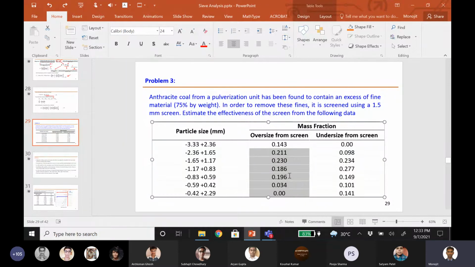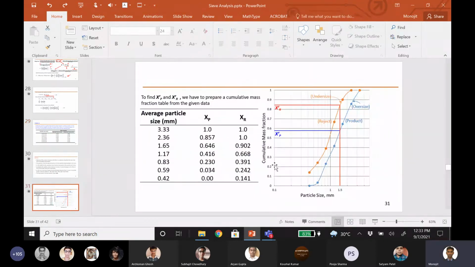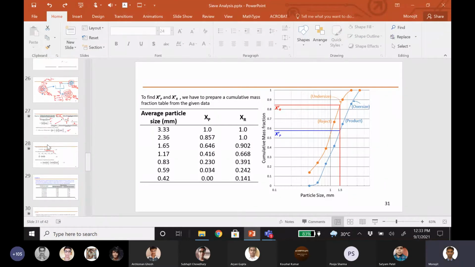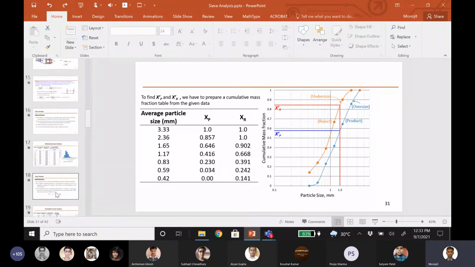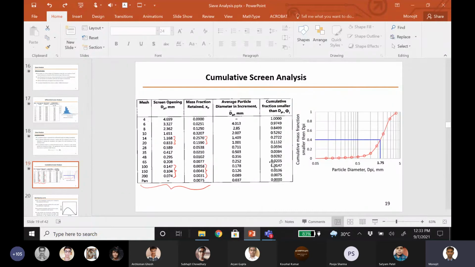So if I try to write the cumulative mass fraction for the second row, what should I write? Addition of all this including 0.211. Fine? Yes, sir. That is what I have written here. Now, the difference between this one and the cumulative table that you have seen is that here only the screen opening size is given.